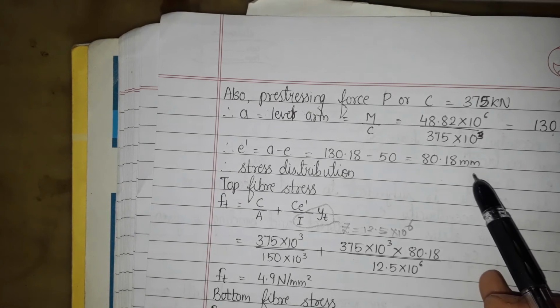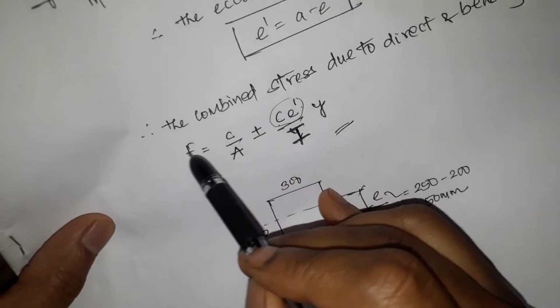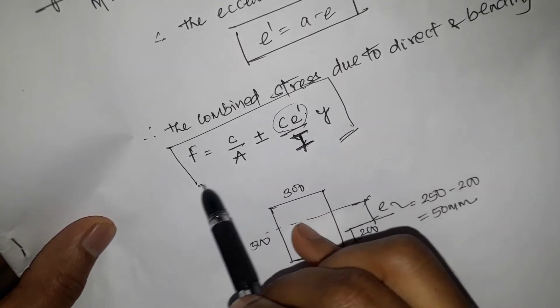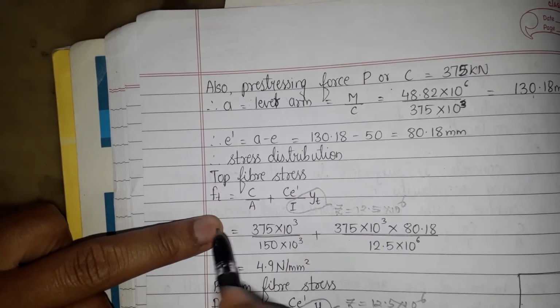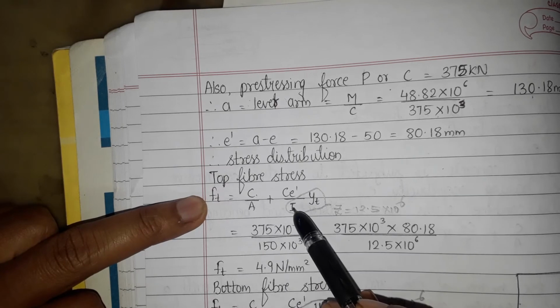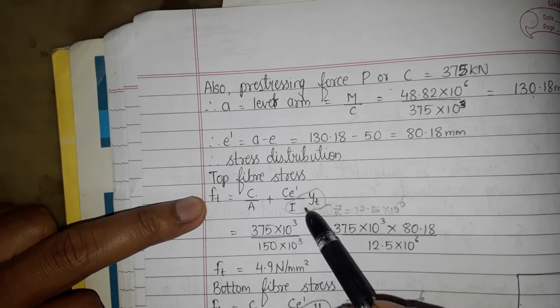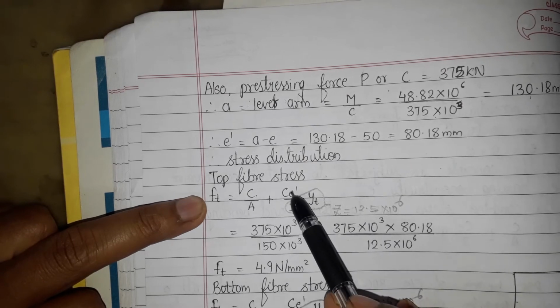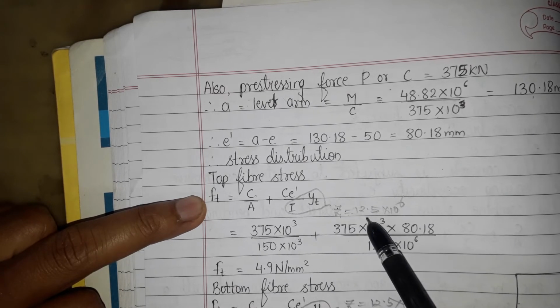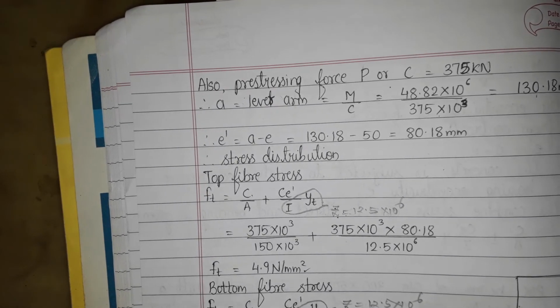So now we have to utilize the final equation. As I told you, this equation you have to utilize for the calculation of stress distribution. The same is used here, that is C by A for the top fiber stress, plus C into A dash, that is M, I into Y, which is nothing but Z. Z we have calculated. So substitute back here, and we will get the top stress and even the bottom stress.